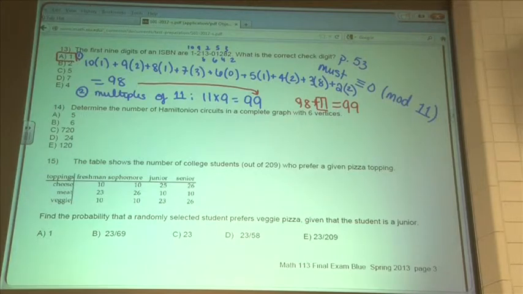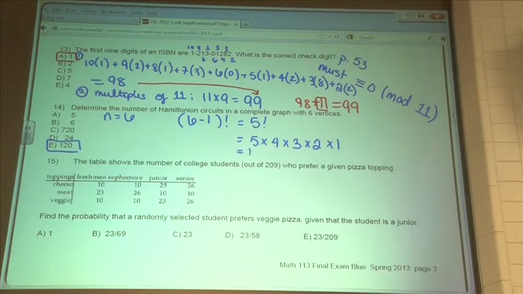So if you have 6 vertices, take 6 minus 1 factorial. 5 times 4 times 3 times 2 times 1. I've got 120. Okay. Remember that one? Factorial, you take the number times all of the numbers that come before it.